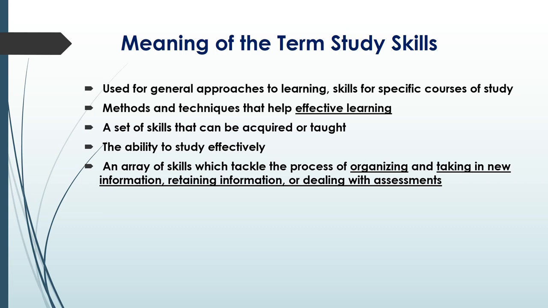Array means a list or collection of skills which tackles the process of organizing and taking in new information, retaining information, meaning keeping it in your mind or memory, or dealing with assessments. Assessments means any kind of quizzes, papers or tests. So this is how those study skills come to rescue you.